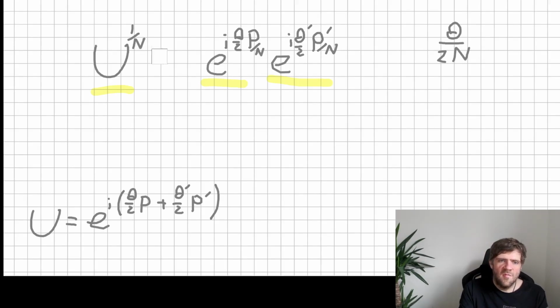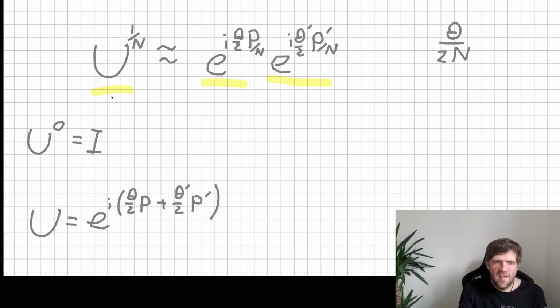In that case, these actually do become approximately equal. Although this isn't a very strong statement, because if you take some unitary to the power of 1 over n for a sufficiently large n, then as n goes to infinity, this basically becomes u to the power of 0, and u to the power of 0 is the identity.